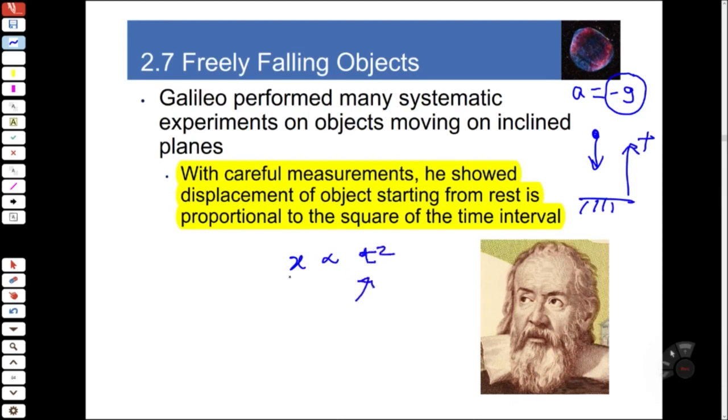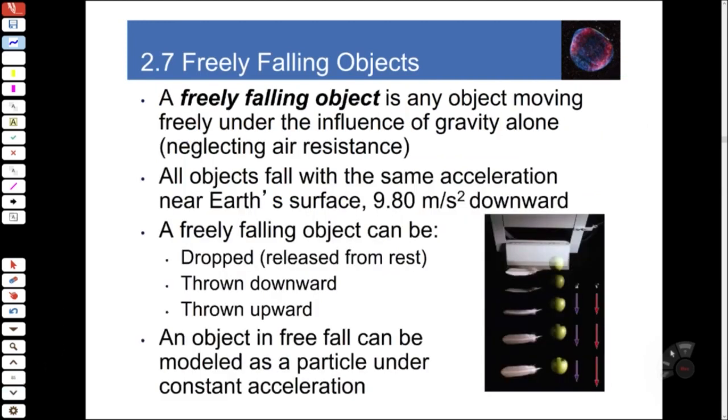We have treated this example in chapter 1. So a freely falling object is an object moving freely under the influence of gravity. That is, it accelerates downward, which means if I take this as the positive direction, it should be minus 9.80 meters per second squared.